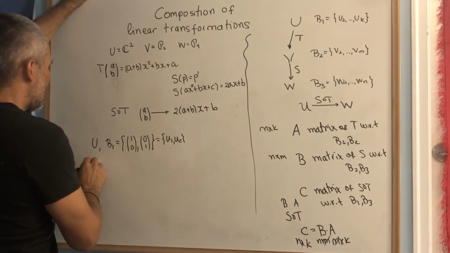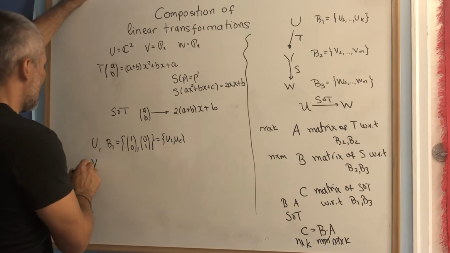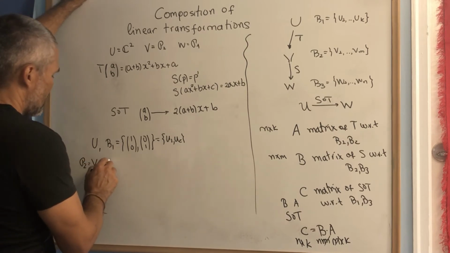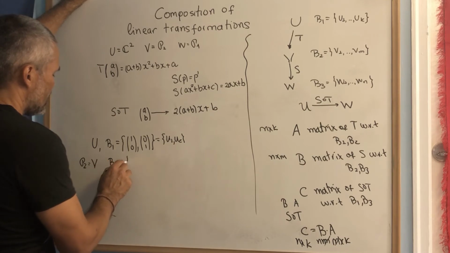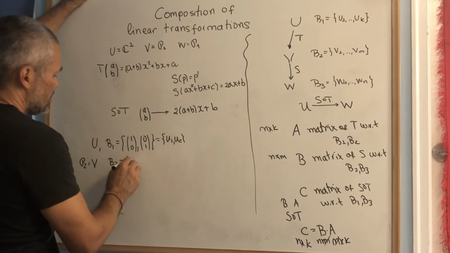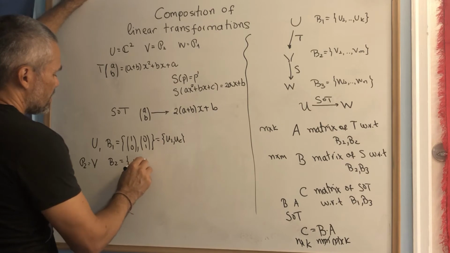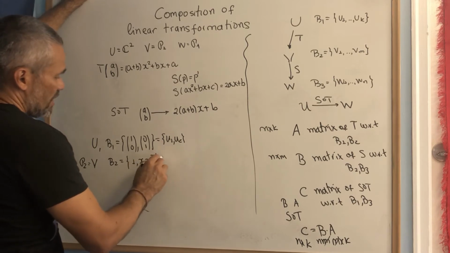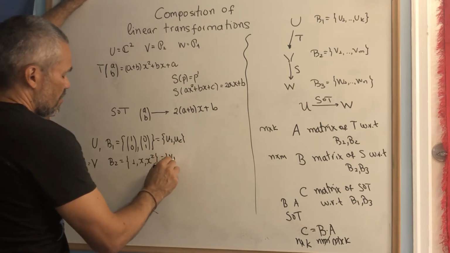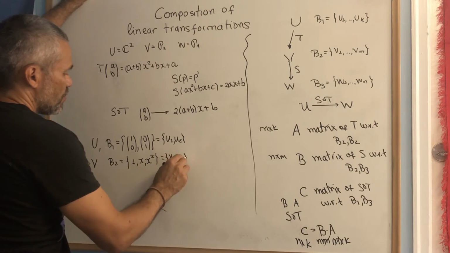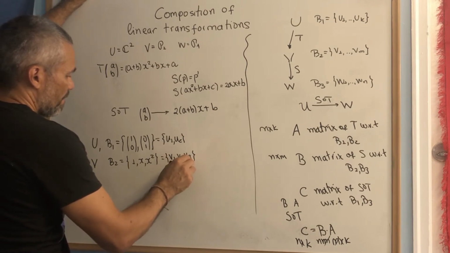For the vector space V, polynomials of degree 2 or less, the basis that we're going to take is the canonical basis 1, x, and x squared, and I'm going to call these V1, V2, and V3.